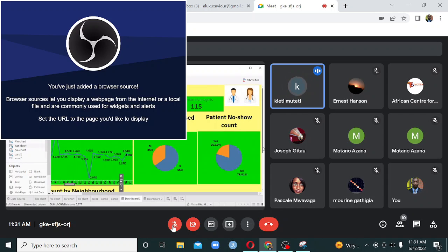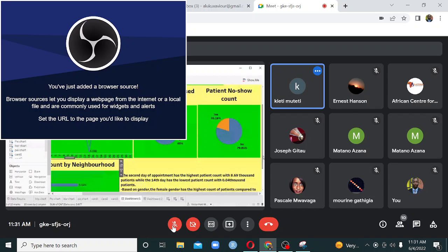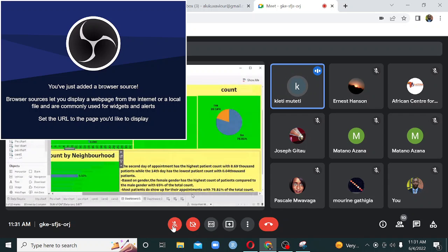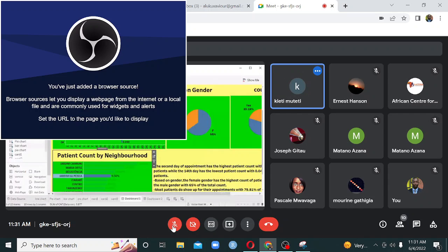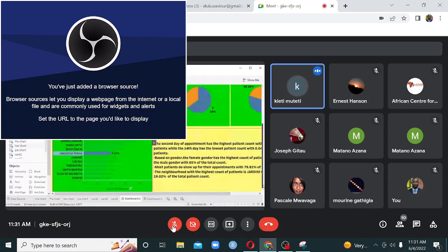I then went on and visualized the patient count by neighborhood, whereby the Jardim Kaburi neighborhood recorded the highest number of patients. Here I've visualized the top 10 neighborhoods according to the patient count, whereby the Bonfim neighborhood closed the top 10.